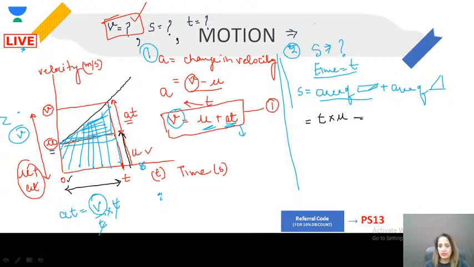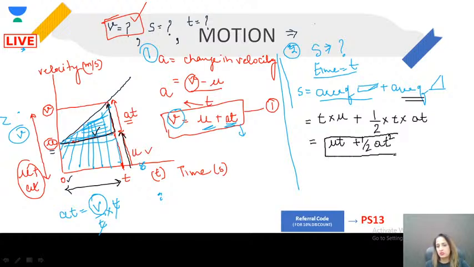Plus the area of the triangle. The area of a triangle is half into one side, which is t, into another side, which is at. So if you calculate it, this is equal to ut plus half at squared. So this is your equation number 2.